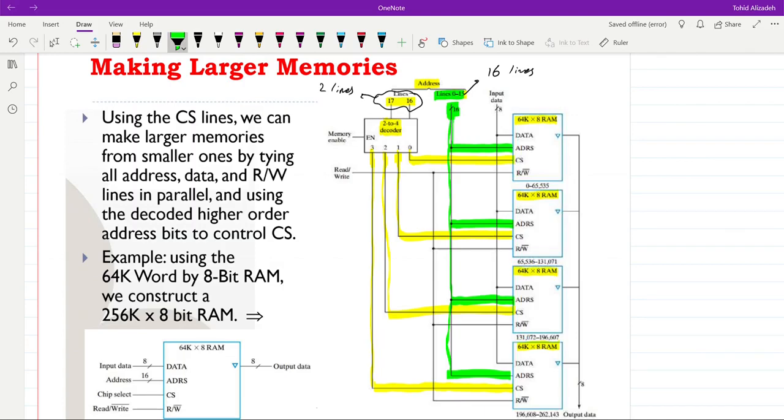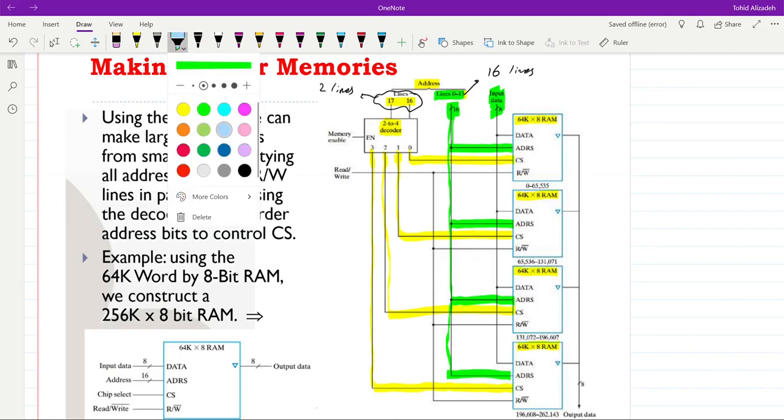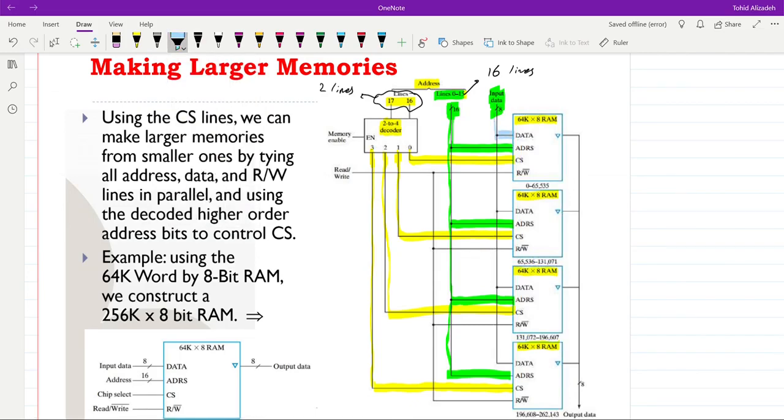For the data input, we have 8 data input lines. They will also be connected directly to the data input of all of the ICs that we have here, as you can see. And similarly for the read-write, we have a single read-write command, and that will be connected directly to the read-write input of all the memory ICs.